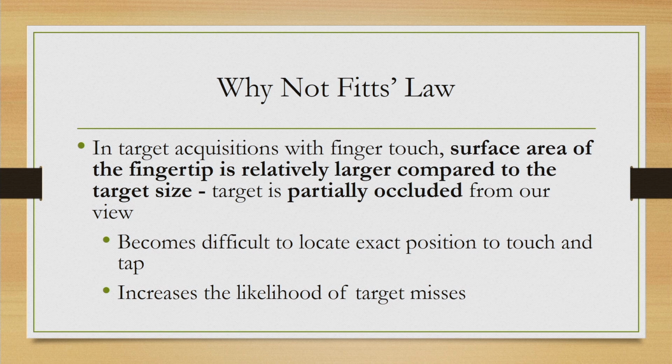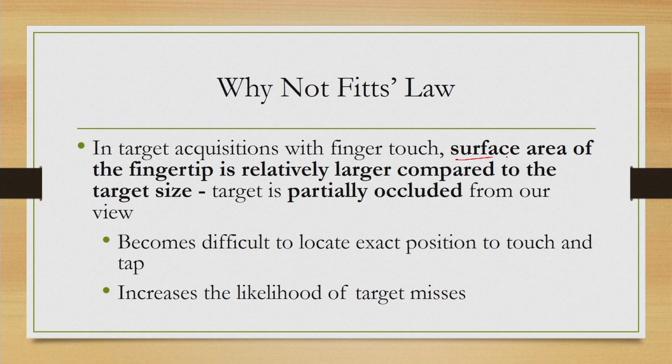So, we cannot implicitly assume that the pointer is having much less size than the target size. So, the surface area of the fingertip may be larger compared to the target size. In other words, the target is partially occluded from our view.